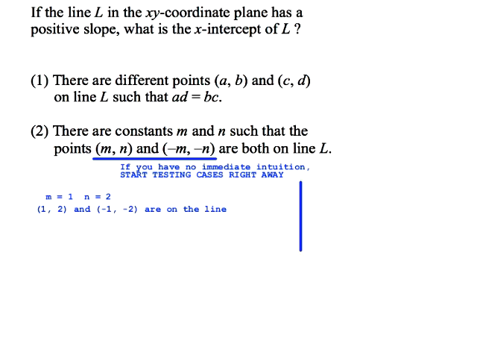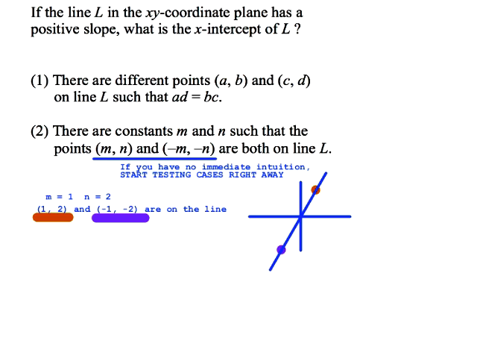So if you just think about what that looks like, 1, 2 is going to be somewhere here. And then -1, -2. Yeah, it's multiples again. In this case, it's actually opposite. So this is just going to be the same thing, but in the opposite direction. And it's going to look like that.